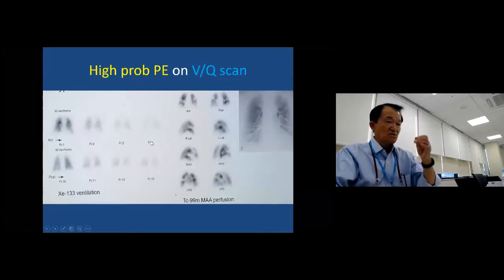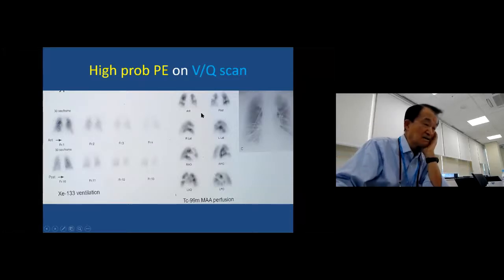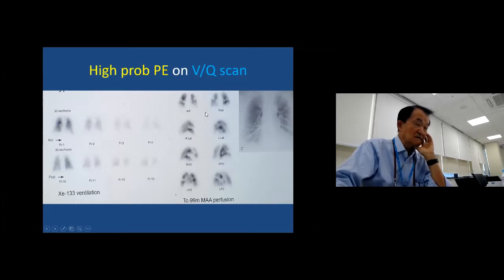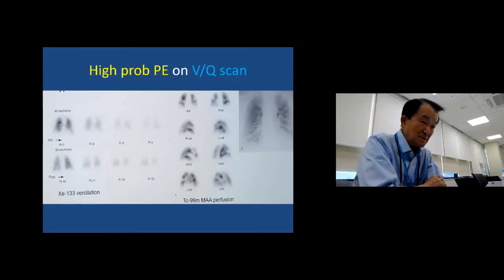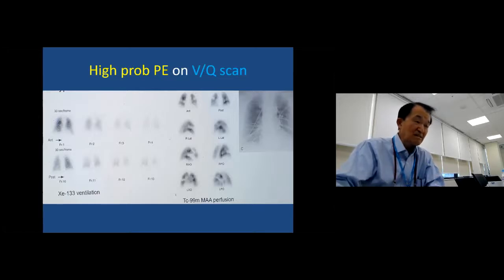But you always have to also consider other possibilities. Multiple bilateral defects like this are usual, but a unilateral lobar or segmental VQ mismatch could be due to congenital hypoplasia of a certain pulmonary arterial segment. Then only perfusion can show a defect, but ventilation is normal.